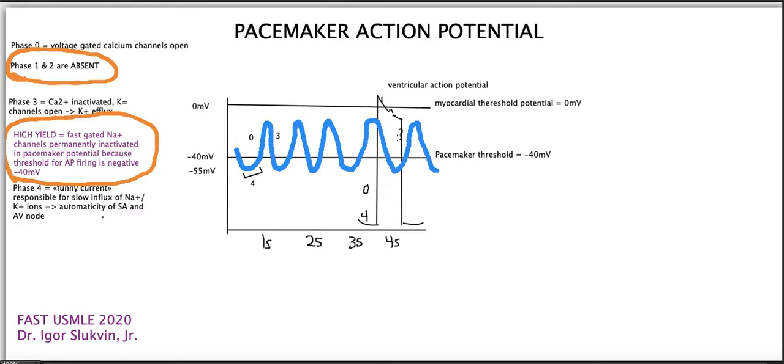Now, phase 4, another thing important to mention, this automaticity: it's the SA and AV nodal fibers, the pacemaker, they fire autonomously from the brainstem cranial nerves.